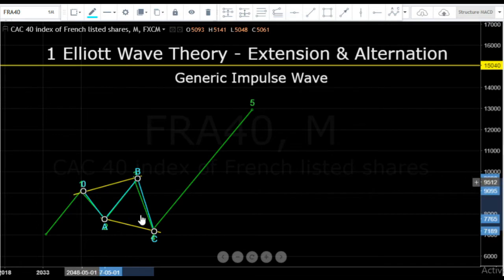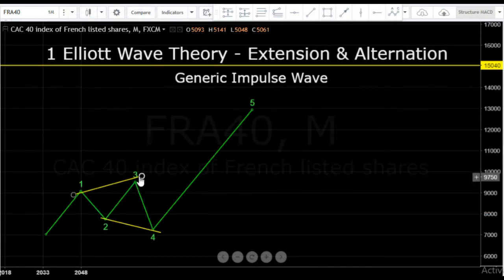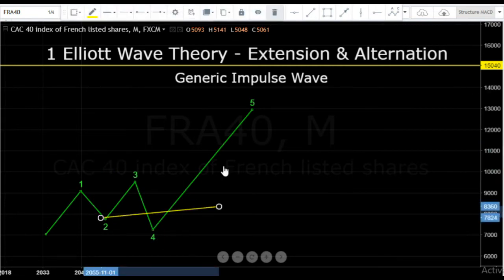This would be 1, this would be 2, and this would be the start of 3. So you can see why it's very important that 3 is never the shortest wave.